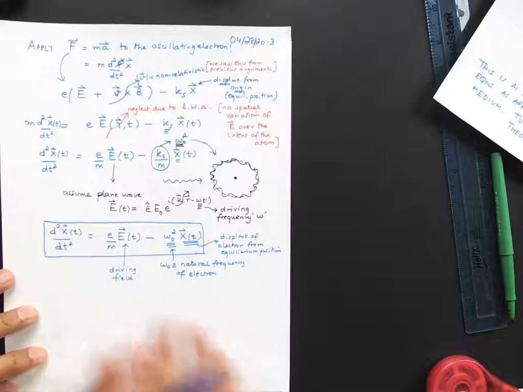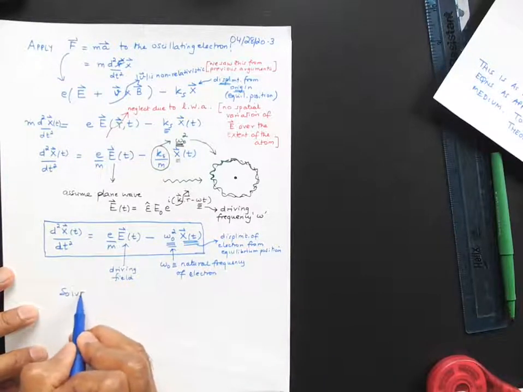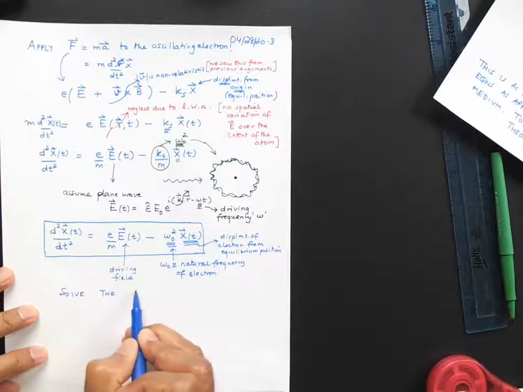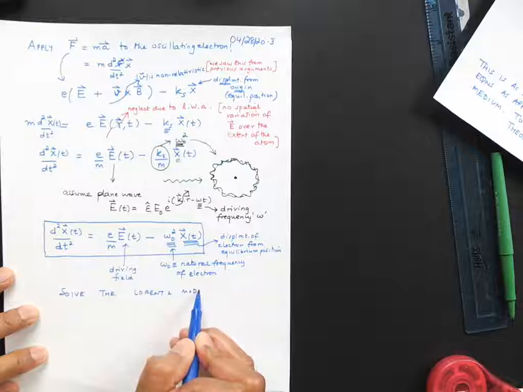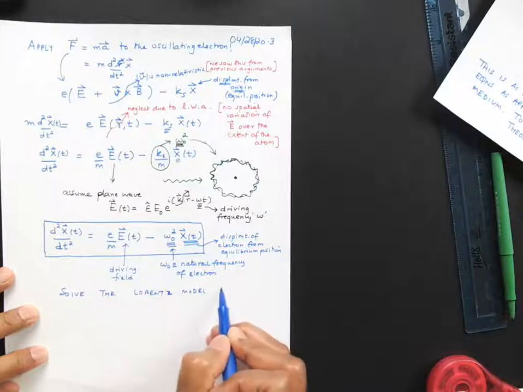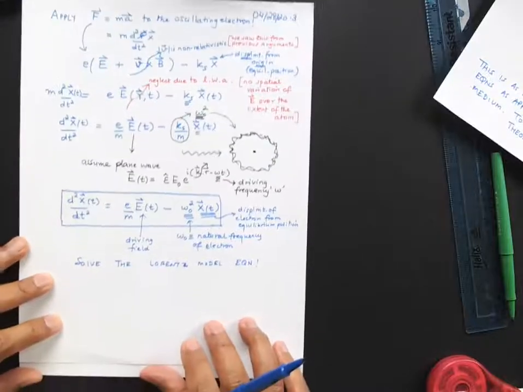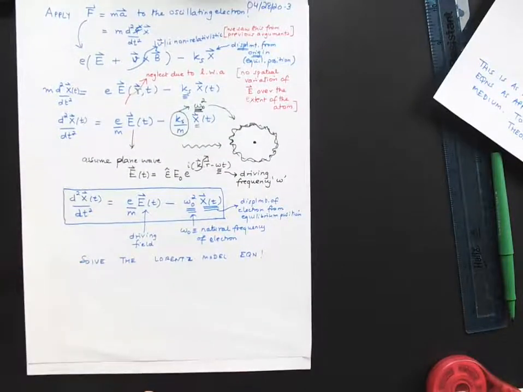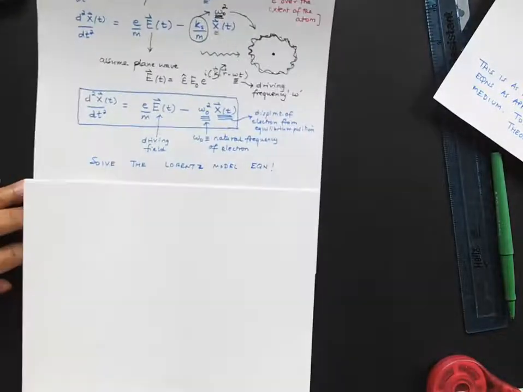All right, so now we just have to solve this. So solve the Lorentz model equation. And what's going to happen? Like, what are we going to find? I'm sure we'll be able to solve it, but what's that going to give us?